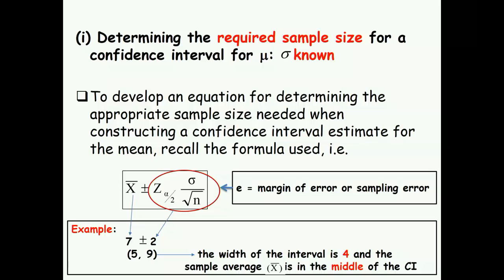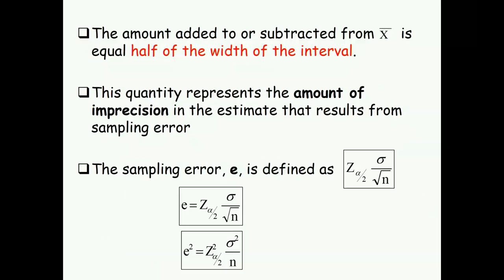Point estimate, critical value times standard error. What is this red part? The margin of error. Let us call it E. So x bar plus or minus this E; the whole of this is the margin of error.